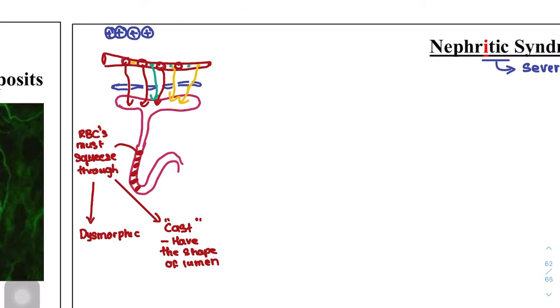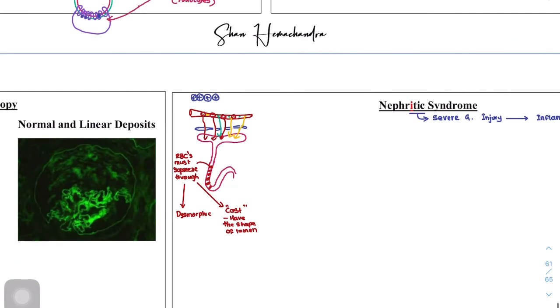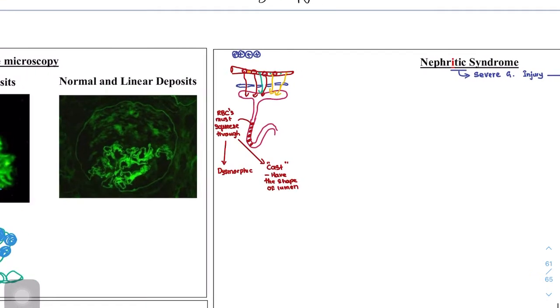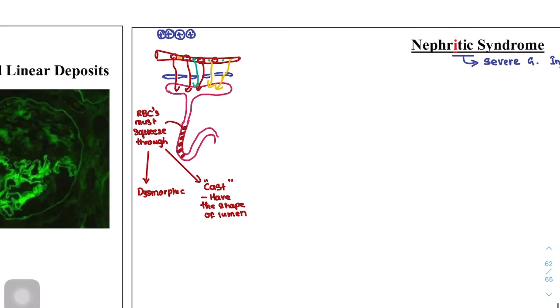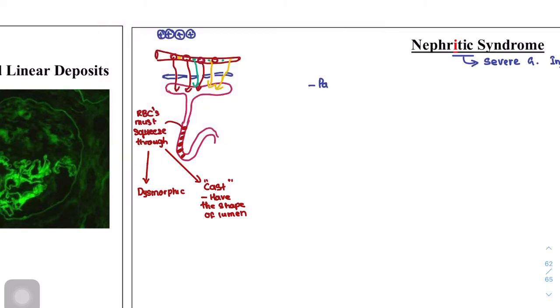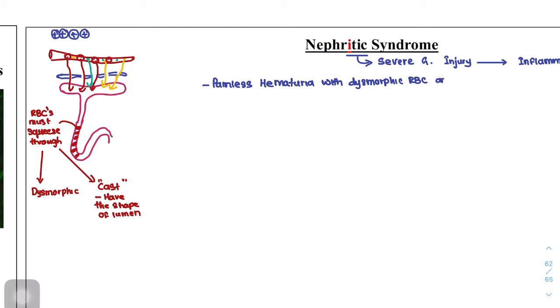Remember this. Okay. So these are the hallmarks for nephritic syndrome. First, we have painless hematuria with dysmorphic red blood cells and red blood cell casts.